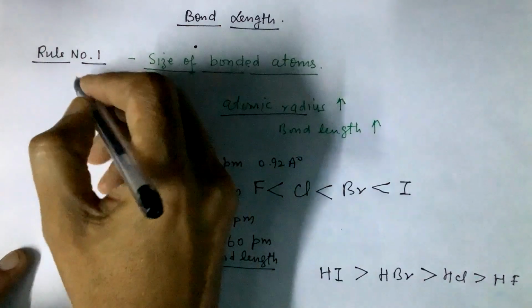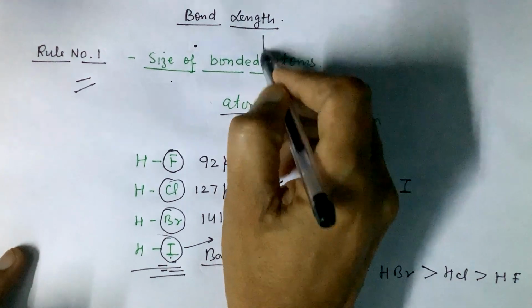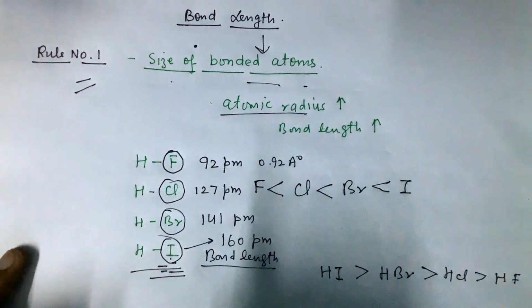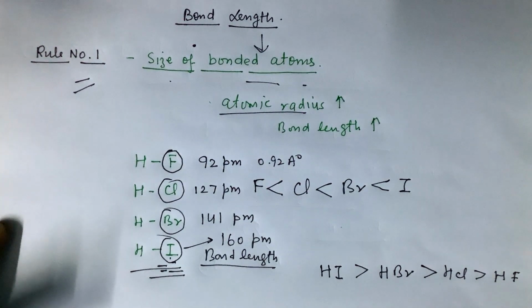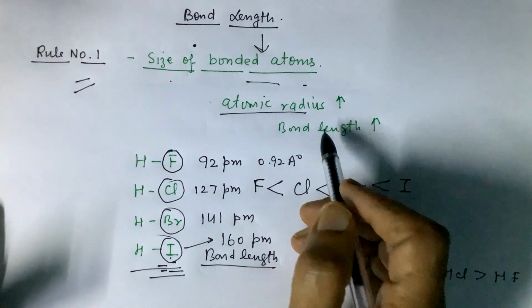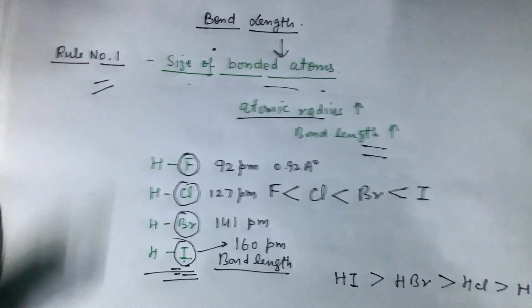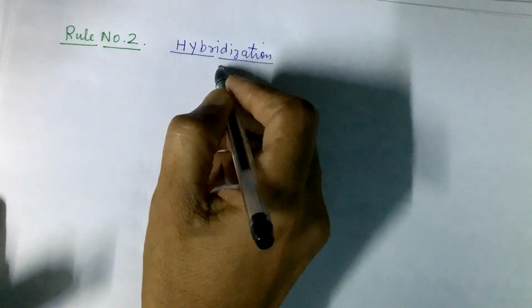Now this is rule number 1: the bond length depends on the size of the bonded atoms. If the atomic radius of the bonded atom is more, then the bond length will be more. Now the second rule is hybridization.